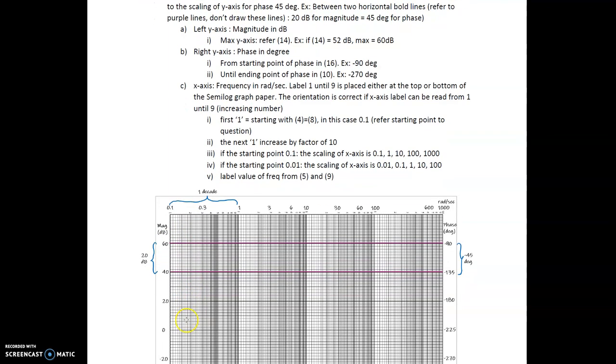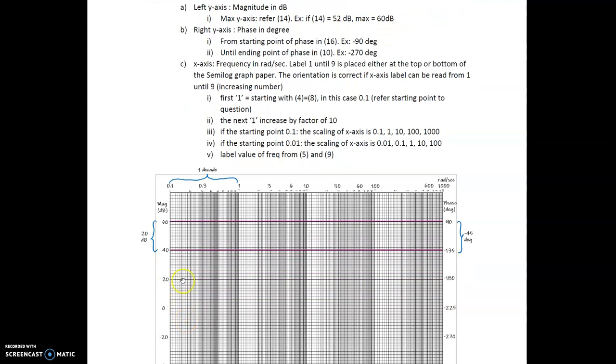Two horizontal bold lines are this one and this one, meaning that you skip the other lines. In between these two lines, I choose this to be 20 dB per decade. And this one I also choose for phase equal to 45 degree or negative 45. Okay, this is 20 dB, this is 45 degree.